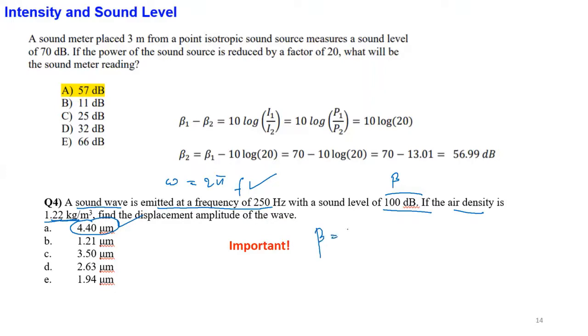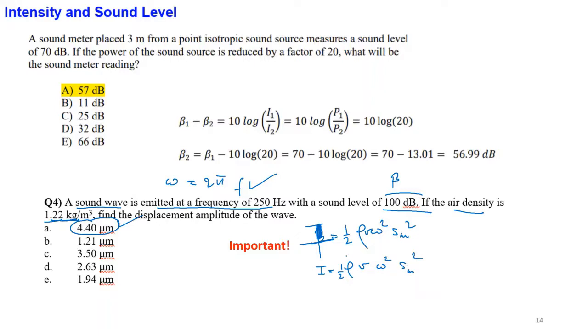So I think you can do it, right? Don't forget, this is intensity. It's half rho V omega square SM square.